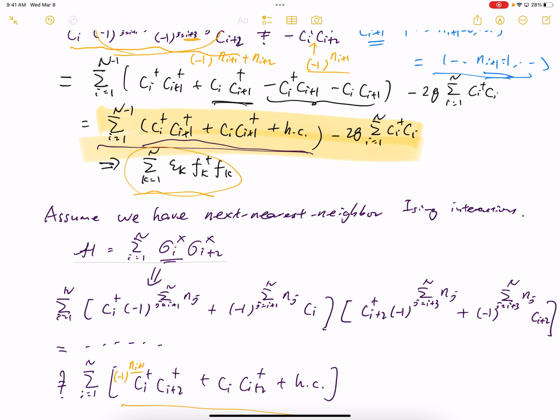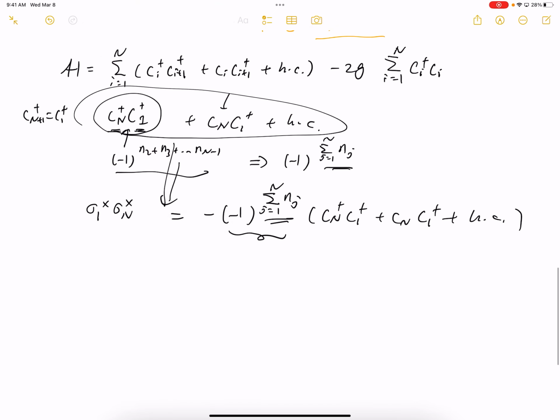Although that is much simpler, the problem is you can't do the discrete Fourier transformation, because that requires the system to be periodic. So we have to deal with this boundary term, unfortunately. But this is still analytically solvable, because this is a total number of fermions, and this phase operator you can't actually kill. It has to be there.